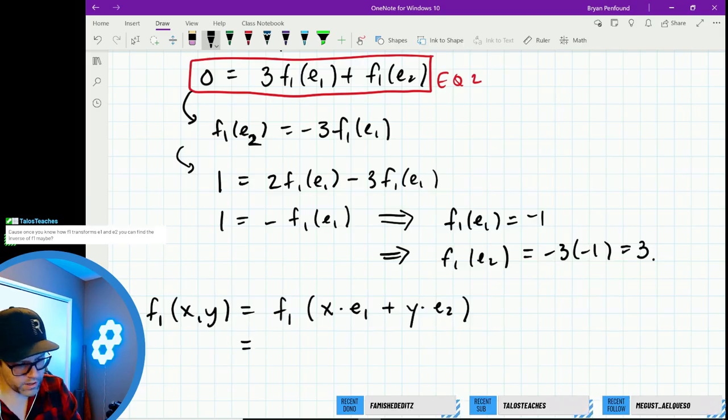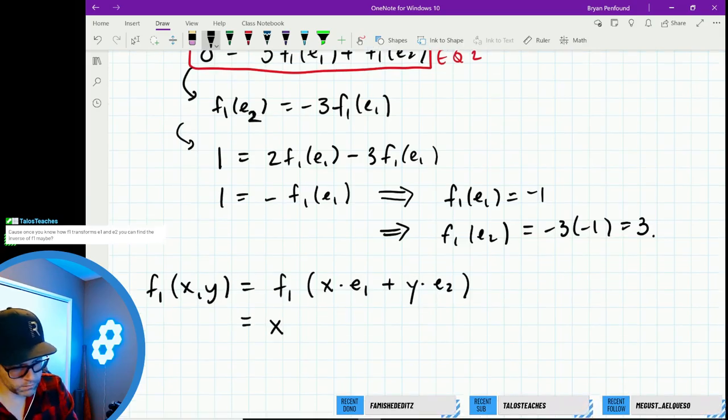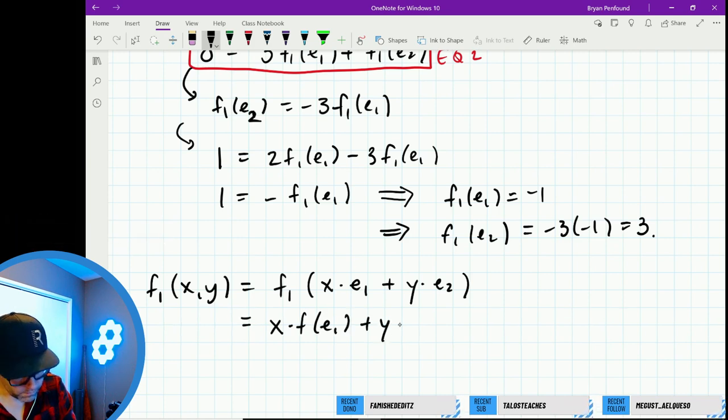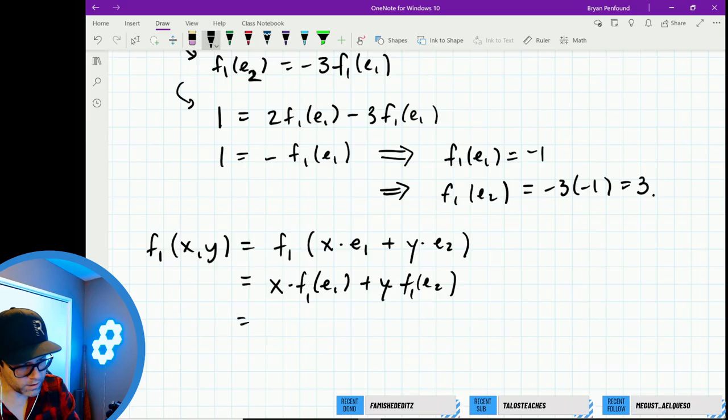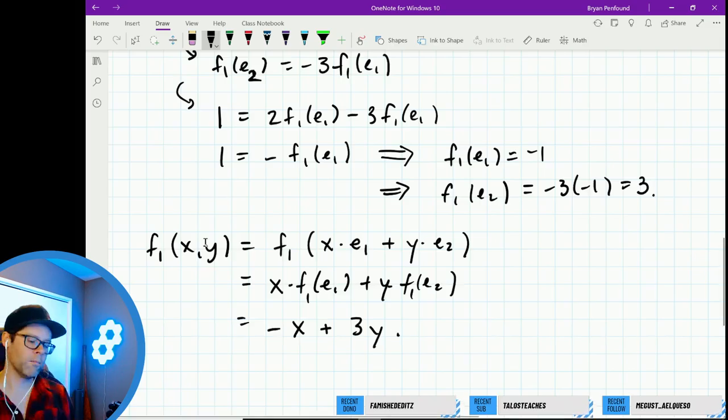X and y are scalars, so we can factor them out of this linear functional. And we know how this linear functional works on the standard basis vectors of R2. So we get negative x plus 3y. Cool. So that's exactly what F1 looks like.